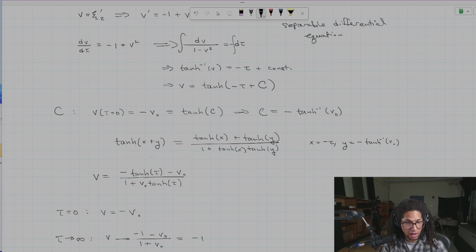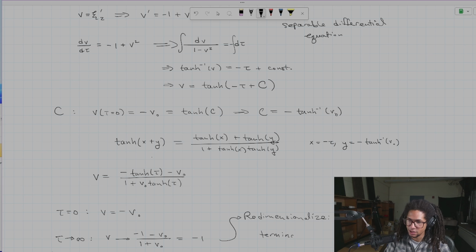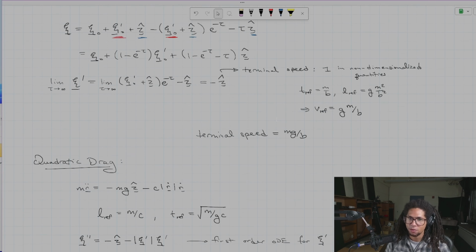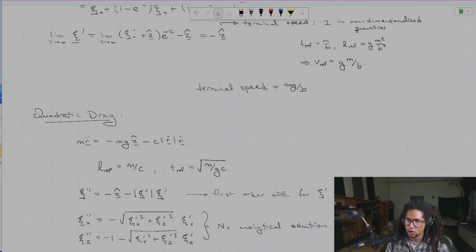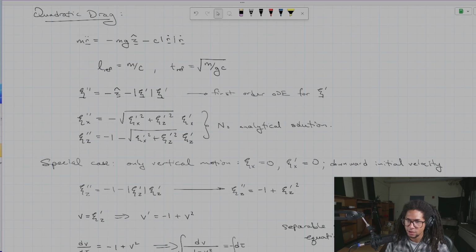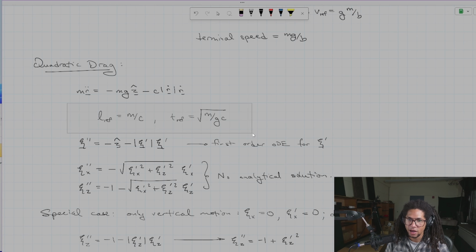So it looks like in this case also we have a terminal speed for the object, which is minus 1 in the non-dimensionalized variable. So if I redimensionalize this, I see my terminal speed is exactly the speed that I would form from my dimensionful reference constants. My reference constants here are L ref and T ref, given like this.